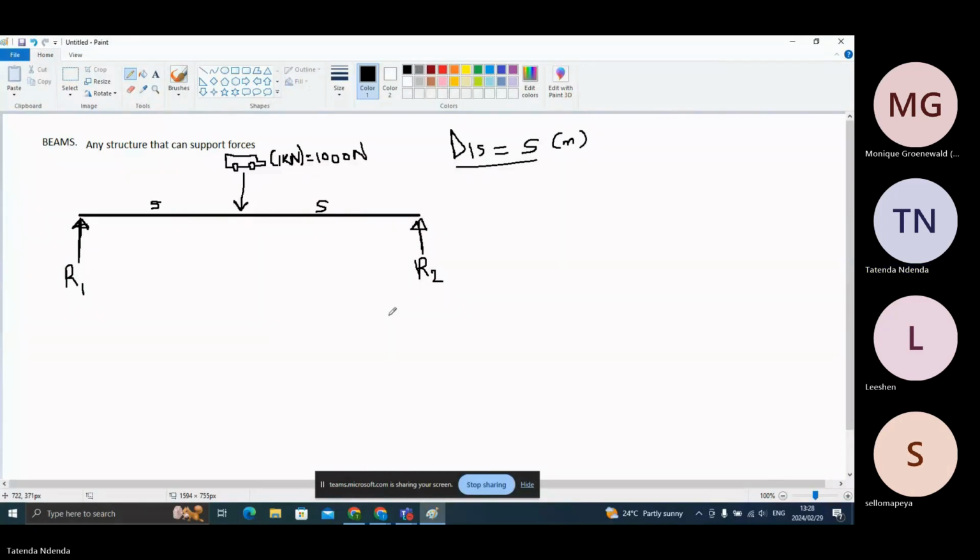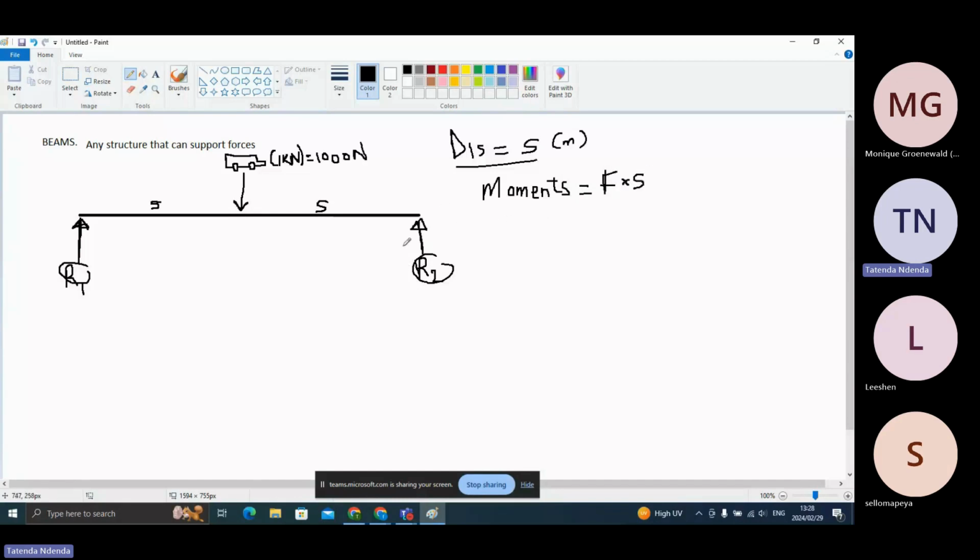Okay. So for us now to calculate the reactions happening at R1 and R2, we first have to consider what we call moments. So whenever we are dealing with moments, we are saying a moment is equivalent to the force multiplied by the distance.